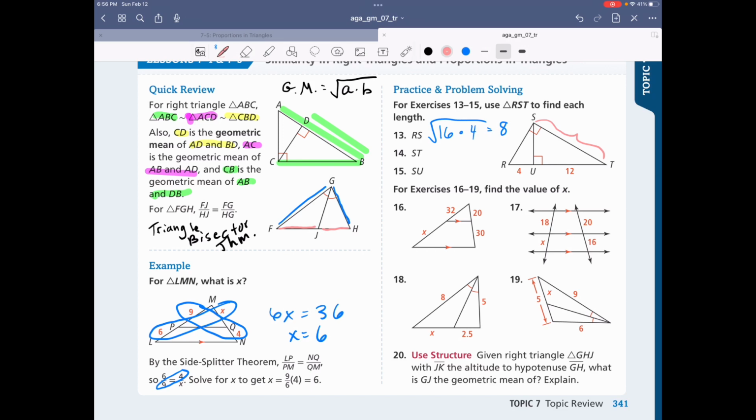So we're going to use the whole thing again, which is 16, and then the larger piece is 12. The square root of 16 is 4, so that comes out. And then 12 breaks into 4 and 3, and 4 breaks into 2 and 2. So a 2 comes out, a 3 stays in, and for 16, 4 and 4.